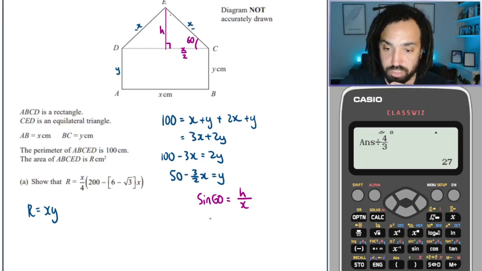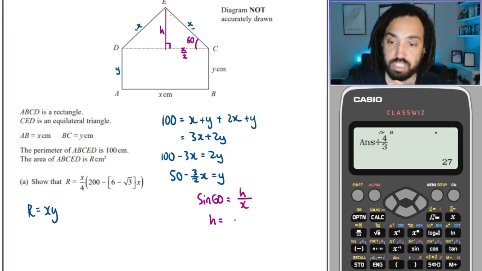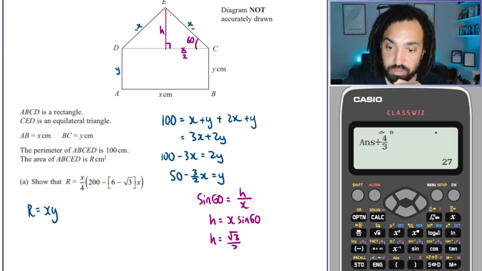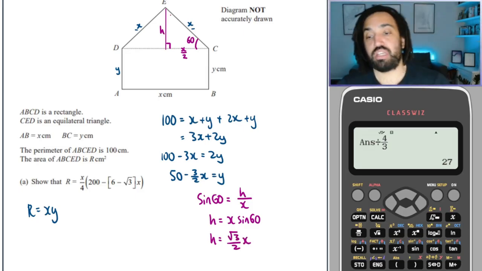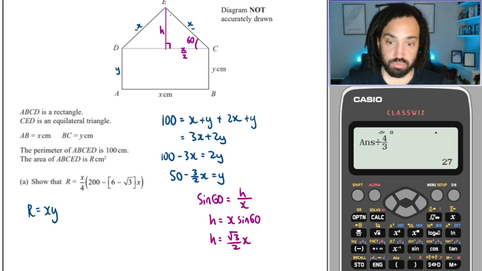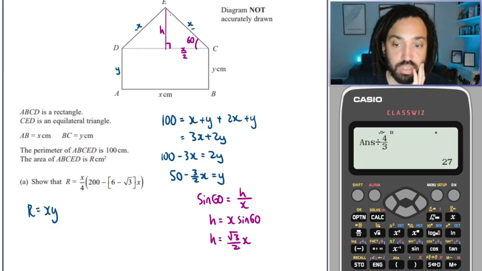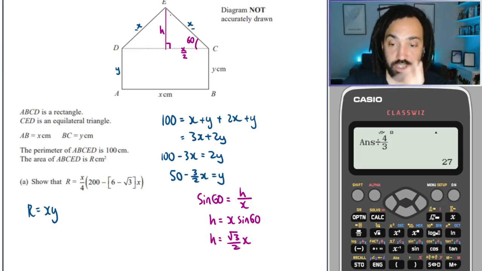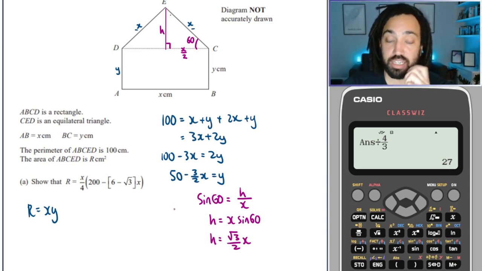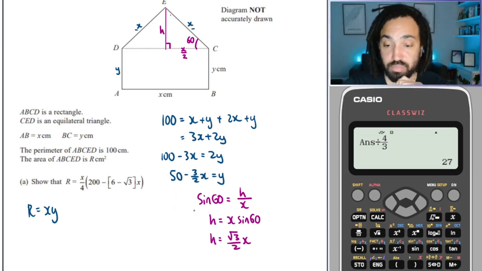Okay, great. So the height, multiplying both sides by x, is x sine 60. And you can find sine 60 on your calculator, but I know that it is root 3 over 2. So it's root 3 over 2x, because sine 60 equals root 3 over 2. Again, just use your calculator for that. You don't need to know the exact values for sine in the Edexcel IGCSE.